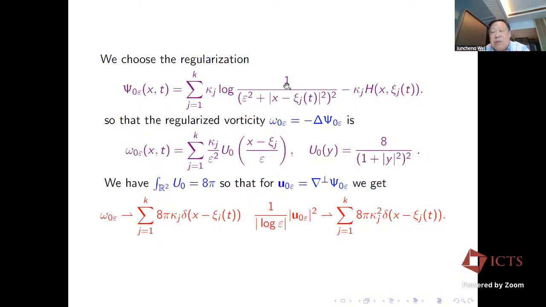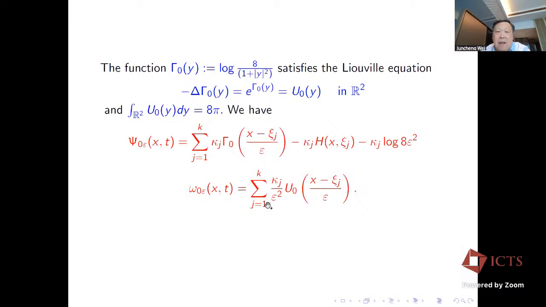We choose the solution to be like a Green's function, almost like a Green's function. We choose this recognition for the stream function, so that the vorticity is like this, and here we use the new will, and in the limit we get this Dirac measure, and here we use the solution to the new will to do the construction.